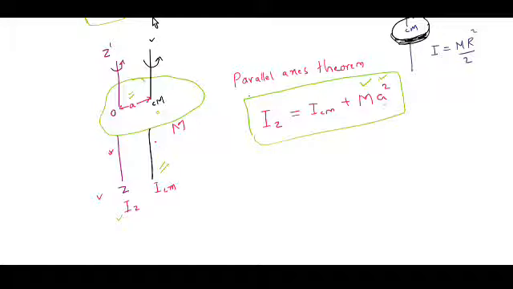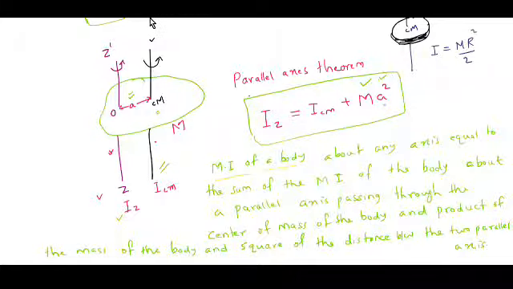That is the statement of the parallel axis theorem. Moment of inertia of a body about any axis is equal to the sum of the moment of inertia of the body about a parallel axis passing through the center of mass of the body, and the product of the mass of the body and the square of the distance between the two parallel axes.